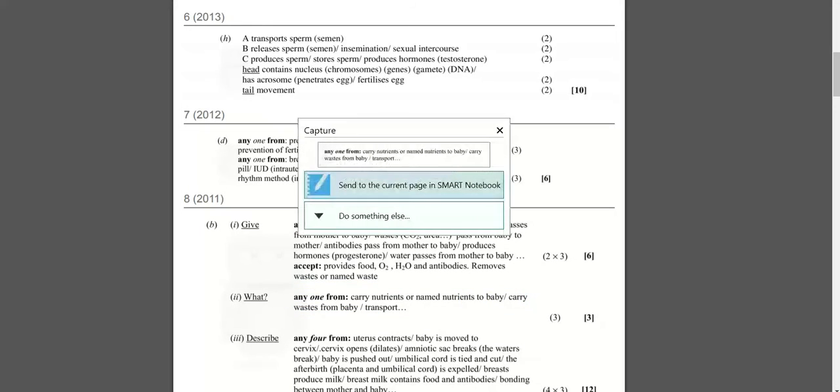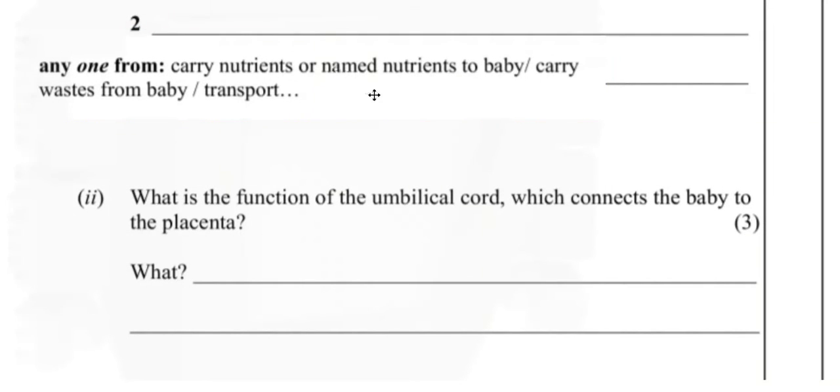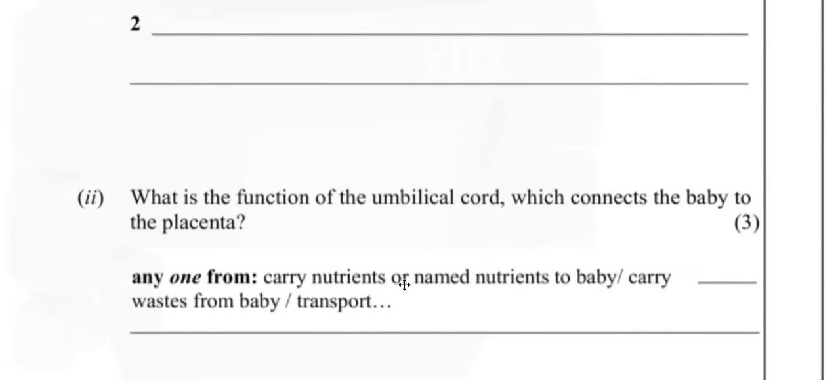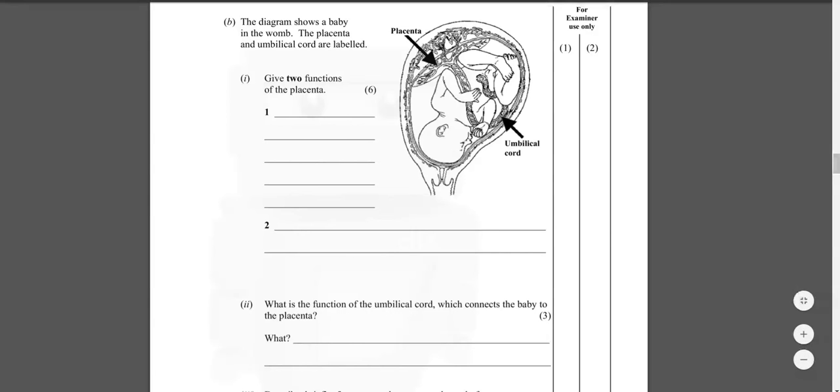They're talking about, if we re-look at the question again, what's the function? It says carries nutrients, or you can say carries food or oxygen to the baby, and carries carbon dioxide and salts away from the baby. Okay, so that is your answer for the umbilical cord. Okie dokie, let's keep going.